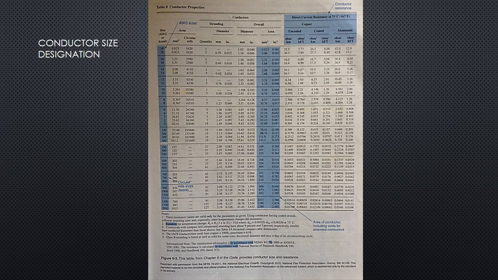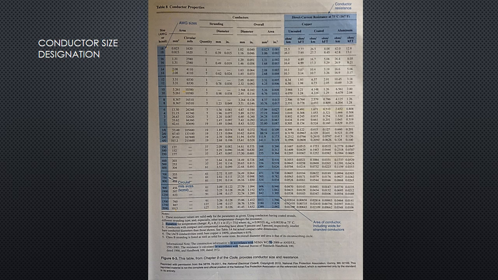The sizes are expressed as AWG. The corresponding area in circular mils is shown in the second column. This area is the actual area of the conducting material. For stranded conductors, the voids between the strands are not included. The sixth column contains the overall area expressed in square inches. This area includes the voids in stranded conductors, so it is slightly larger than the circular mils area.